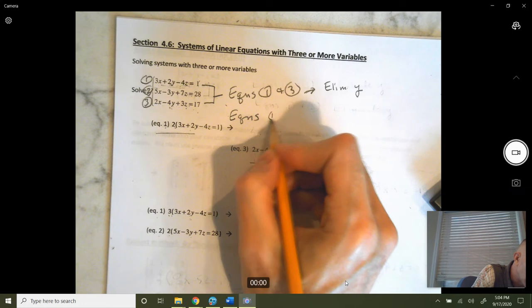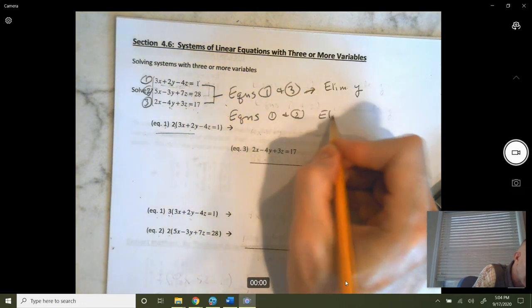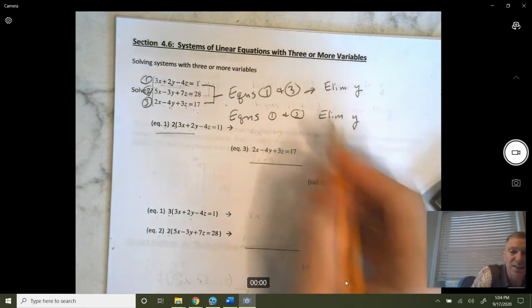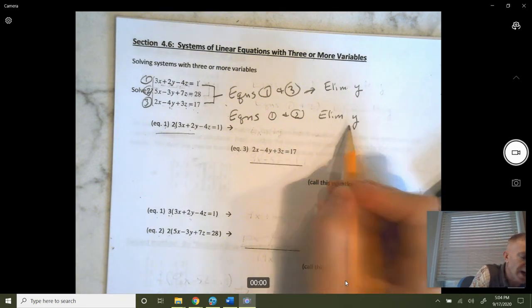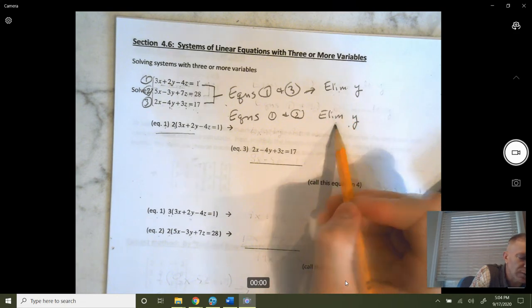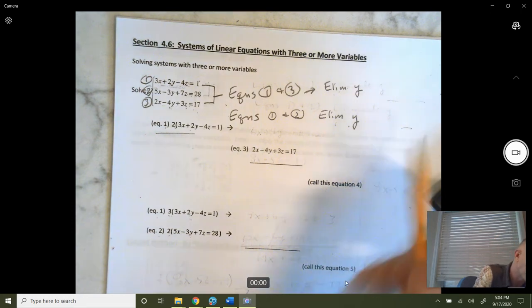So take equations 1 and 2, and eliminate y again. That's going to give us a second equation that only has x's and z's. So after we do these 2 things, we're going to have 2 equations that only have x's and z's. And then we can solve that system, because we can solve a system with 2 equations and 2 unknowns.